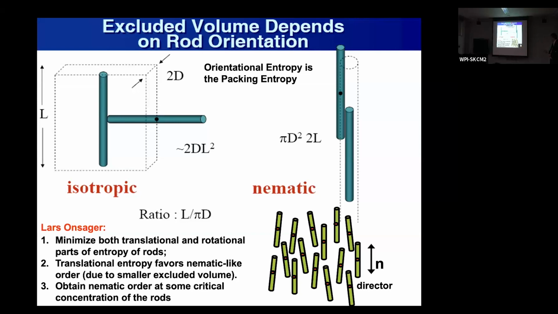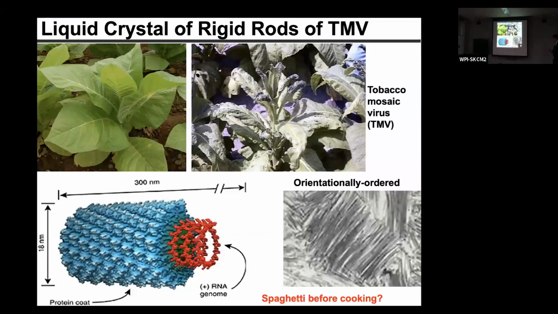From this simple illustration, you can see that the translational component of entropy favors orientational order. Of course, the opposite is true for the orientational one, and the two compete, so that once you have a large enough concentration of such anisotropic particles like rods or disks, the nematic liquid crystal emerges.